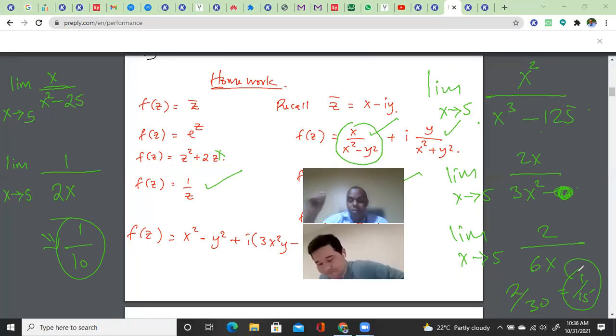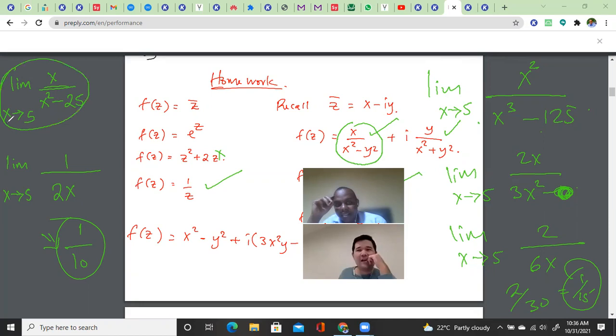Okay, I understand. But for example, in here I can also use L'Hopital's rule. No? Where? In the first task, in the second column on the right side. No, we can't. We are not looking for the derivative. We are not using L'Hopital's rule to find the derivative. It's not rational.